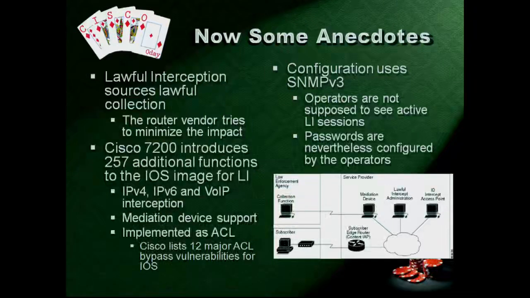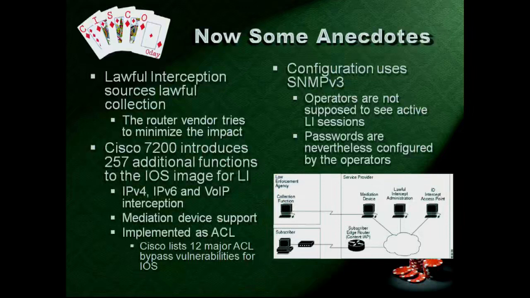And on a mediation device, the lawful interception law enforcement agencies will log in and say, like, I want to watch this guy watching porn. And this configures this request and sends it to the router.